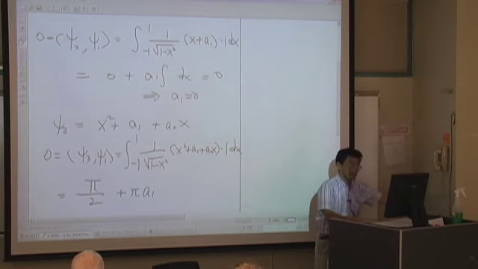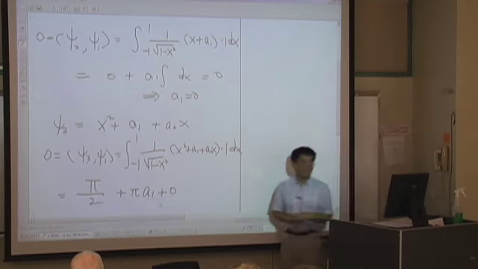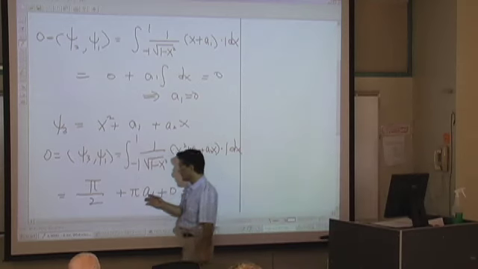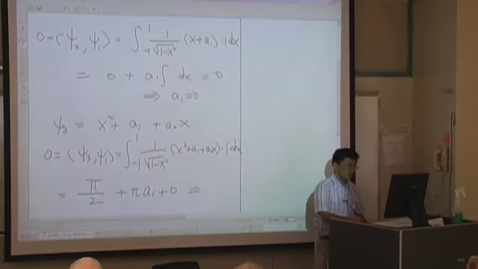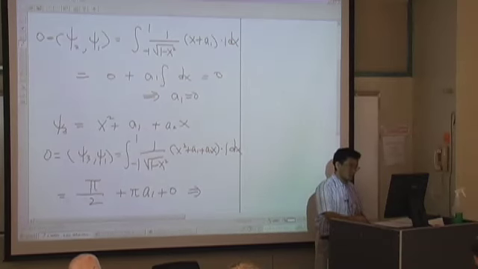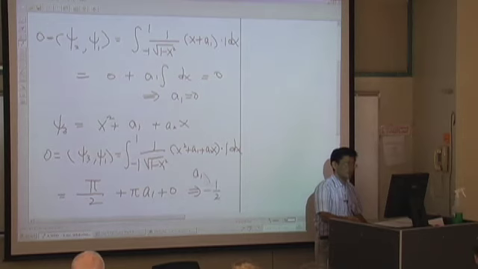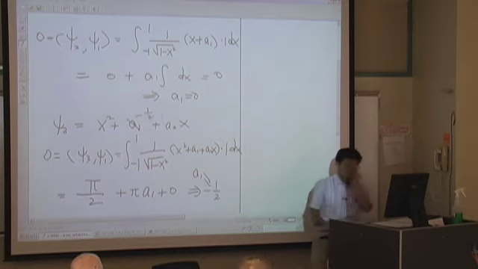And then this integral is odd, so 0, right? So we have found this relation. So from this, a1 is what? A1 is -1/2, right? A1 is -1/2.